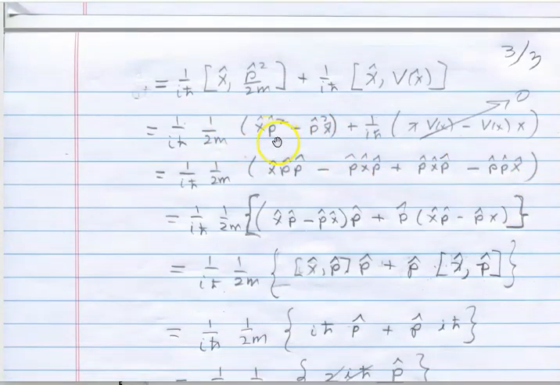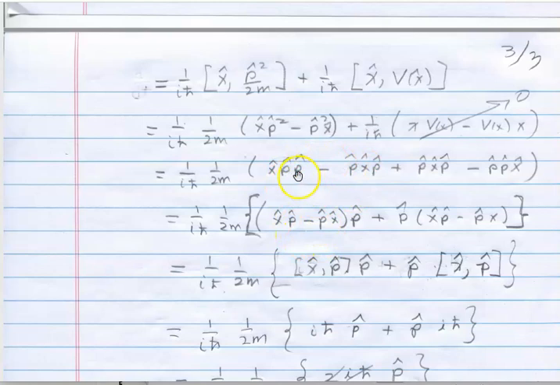Then I write these out: x p squared, and p squared x at the end, minus p squared x. In between, I add and subtract pxp, minus pxp plus pxp. Order's important, but I'm adding and subtracting the same term, so I'm essentially adding 0. Then I regroup the first two.